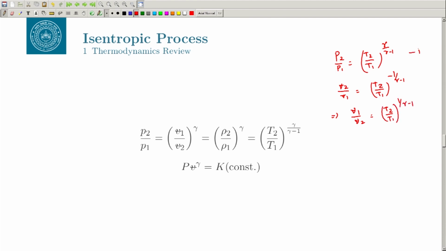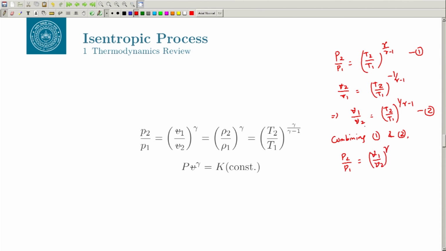So, this is 1, this is 2. Combining 1 and 2, you can write P2 by P1 would be V1 by V2 to the power gamma.